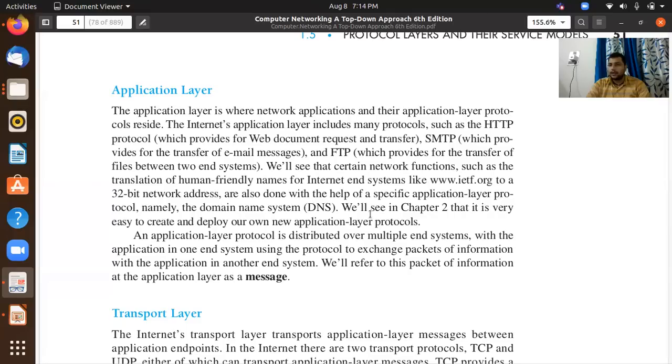So there is the hypertext transfer protocol, the protocol which at the application layer will be used for accessing the servers, the web pages. There is a web server somewhere, and we want to retrieve web pages from that server. So there we will use HTTP for exchanging requests and transferring these web pages.